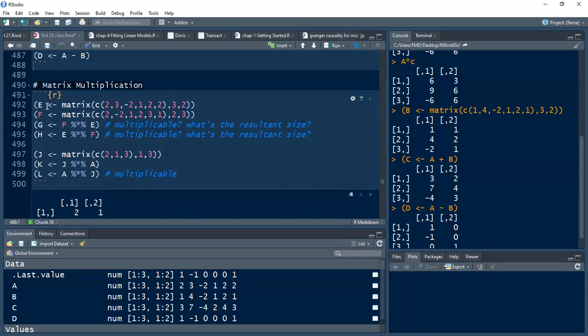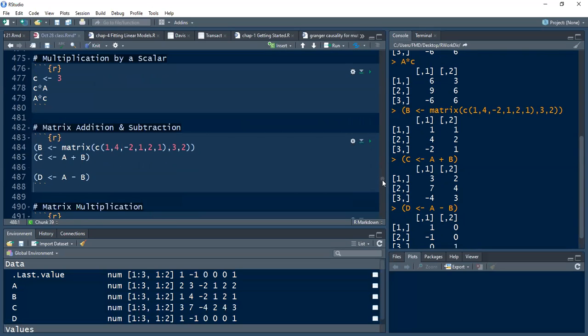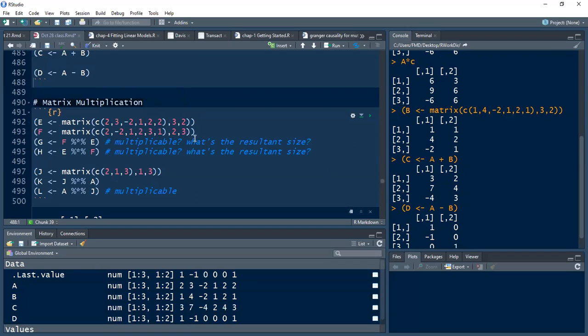Let's call it matrix E. I think it's the same as matrix A, but anyway, let's do this.